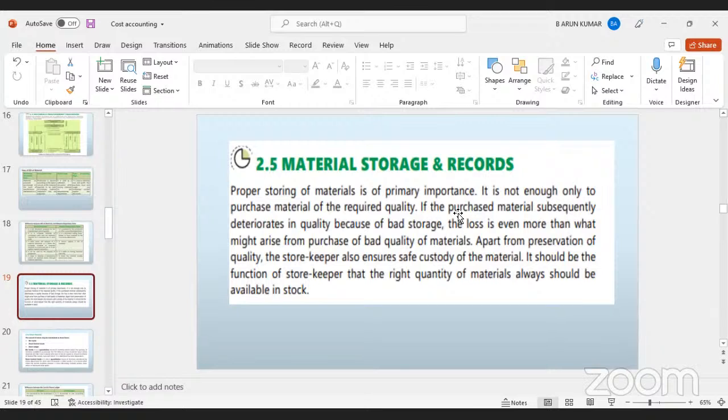That is why we purchase before one month or before one week or before one year. So based on what type of quality and what quantity of material we require, we purchase the material in advance based on the material requisition. Then we purchase that material and store the goods in safe places based on their nature.